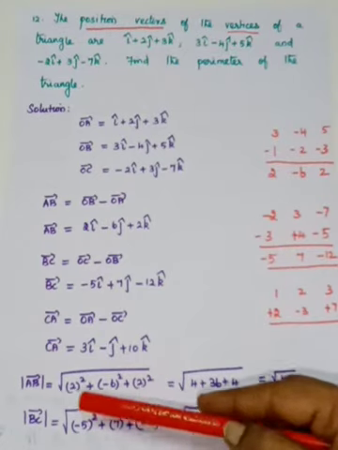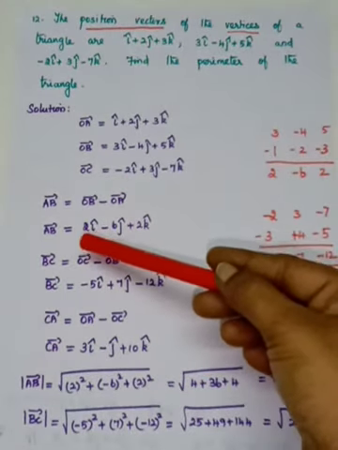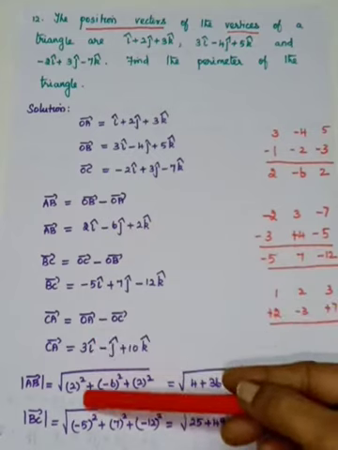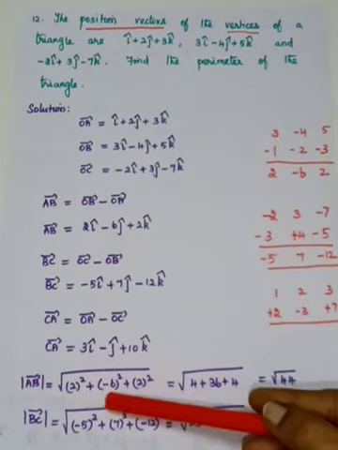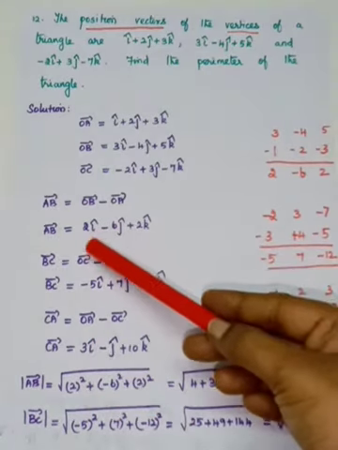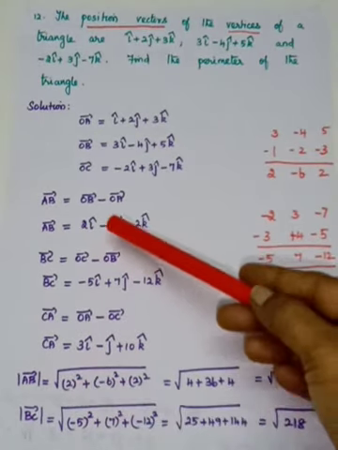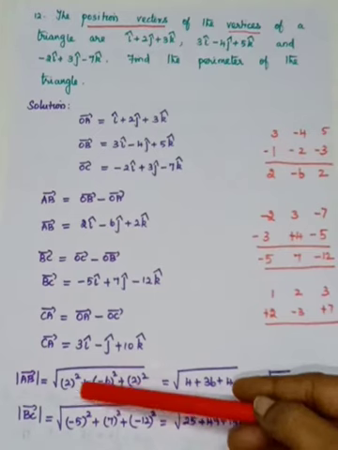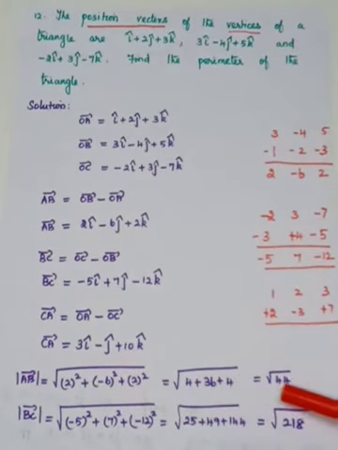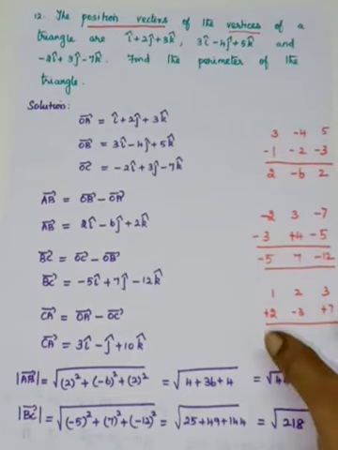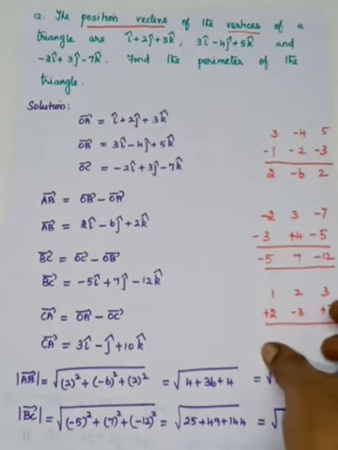So you know how to find the magnitude: square root of x squared plus y squared plus z squared, where x is the coefficient of i cap. So that is 2 squared plus minus 6 the whole squared plus 2 squared, which is equal to square root of 44.